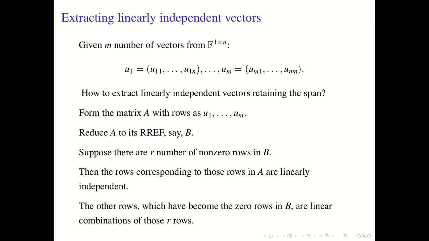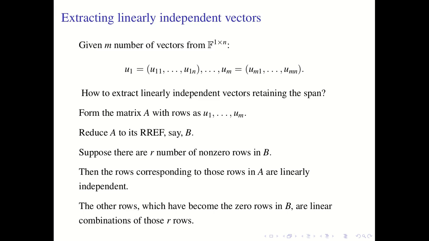Suppose there are r non-zero rows in B. The rows corresponding to these r rows in the RREF of A, that is B, are precisely the linearly independent rows in A, and the remaining rows are linearly dependent, or they are linear combinations of these rows.